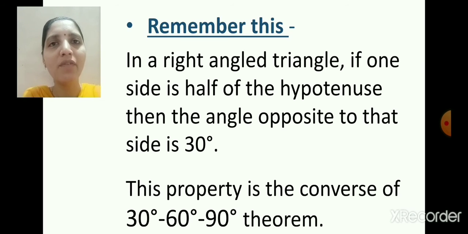In that we have seen that in a right angle triangle, the side opposite to the 30 degree angle is half of the hypotenuse. So whenever you have a right angle triangle and one of the sides is half of the hypotenuse, then we can say that the angle opposite to that side is equal to 30 degree.